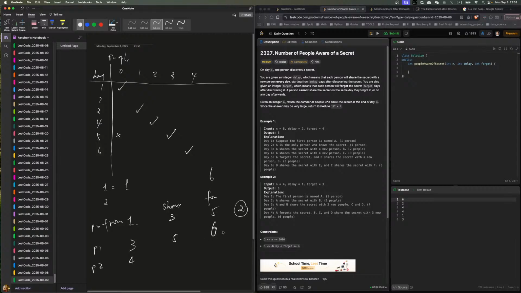P3 will start at 5. The other will start sharing on the 6th day and stop at 6. So that person still counts.